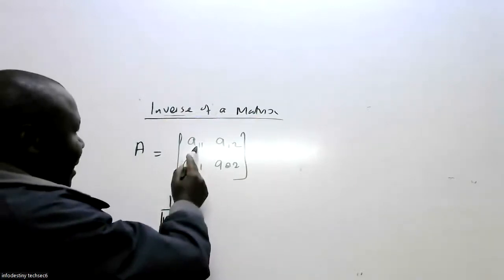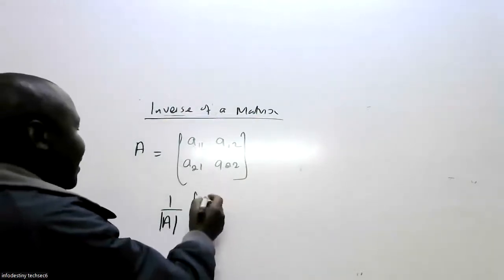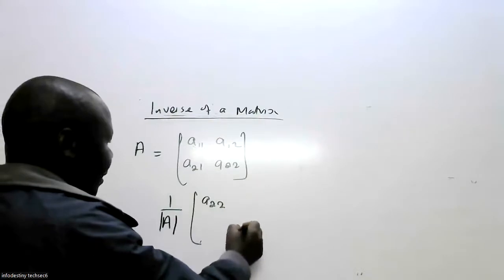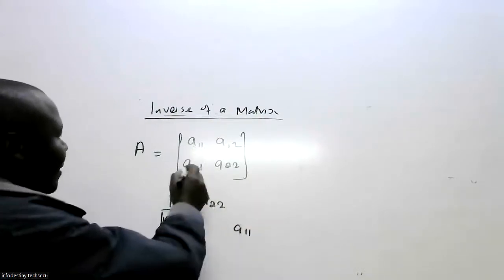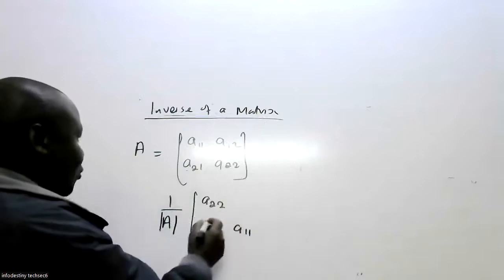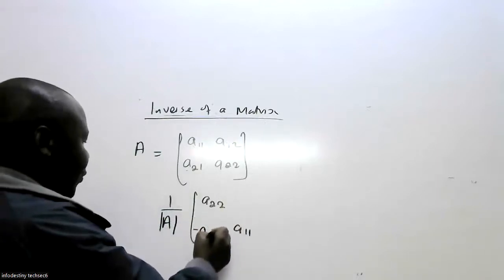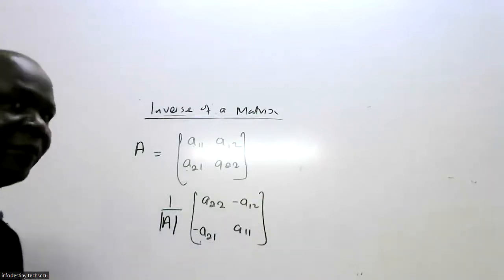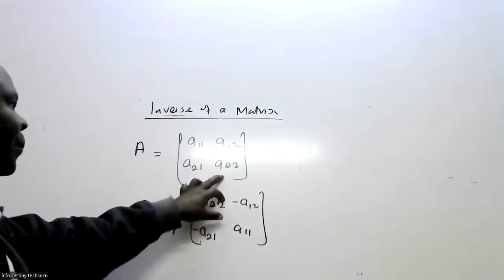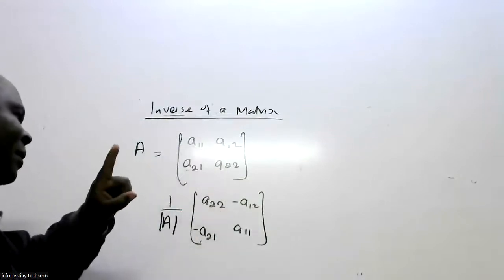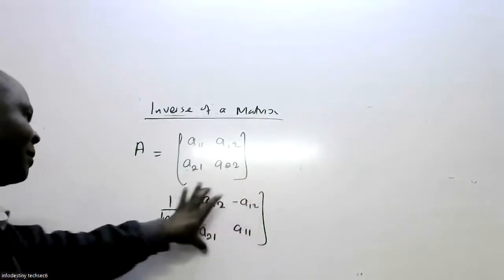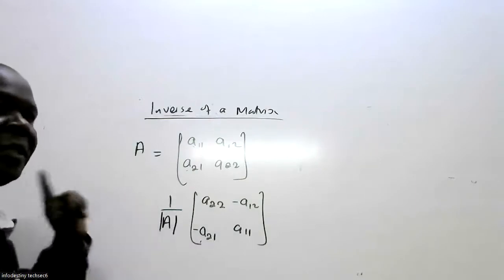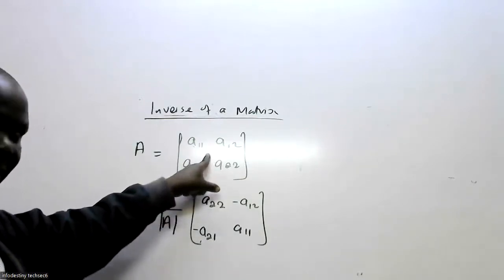We take this particular matrix, we interchange this by saying A22, this is A11. We multiply this one and this one by -1, so that's negative A12, negative A21. So that is known as the inverse. We interchange this one, we multiply this one by -1. Then what we get here, we multiply by the inverse of the determinant of the original matrix.